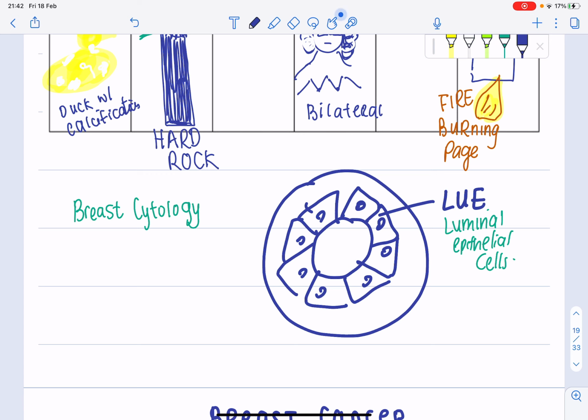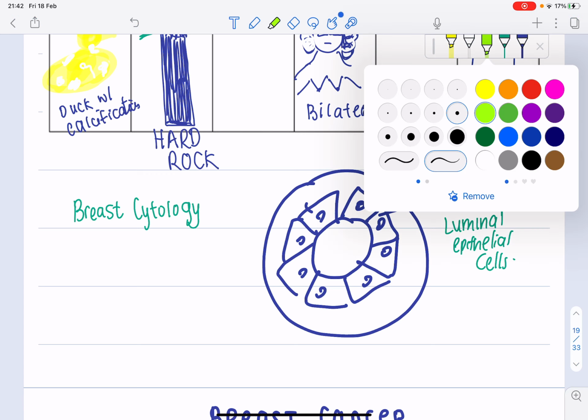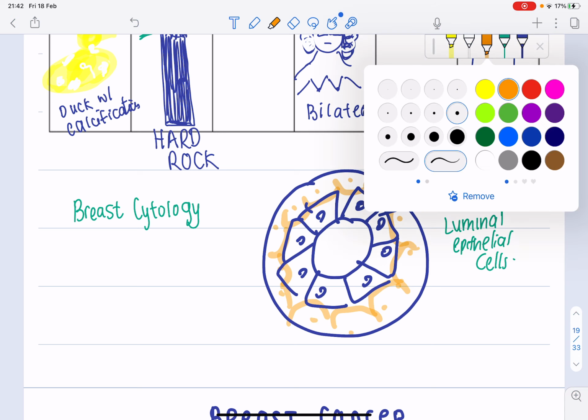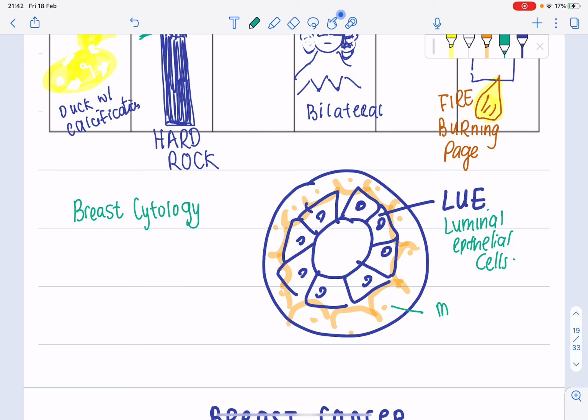Then you have, after that, your myoepithelial cells. Your luminal epithelial cells are influenced by prolactin, whereas your myoepithelial cells are influenced by something else.